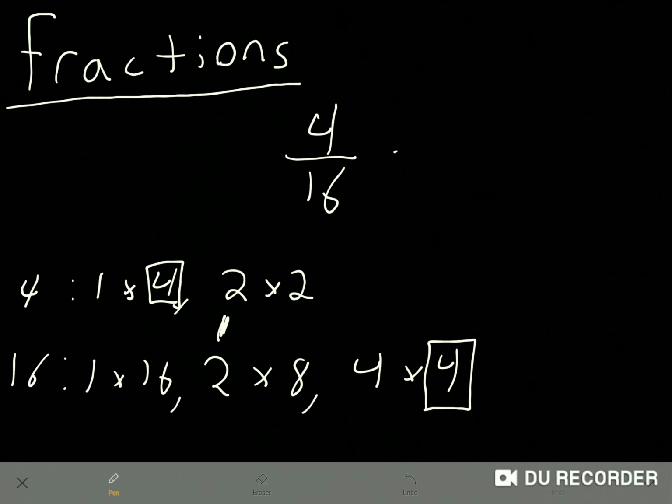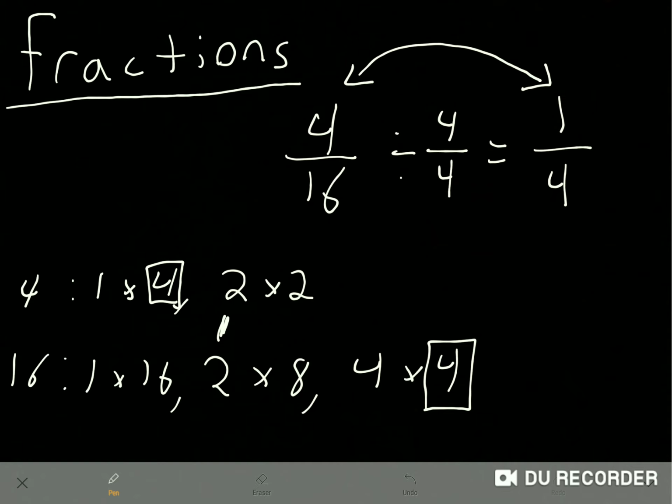So now we can divide by the 4 over 4, and that's going to give us 1/4. And this, again, is telling us that 4/16 and 1/4 are the same number. It's just we're writing them different ways. But their values are still the same.